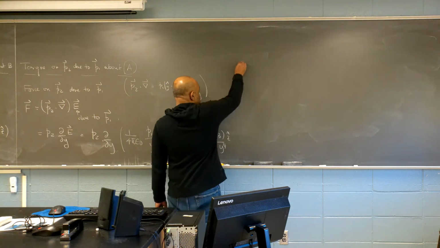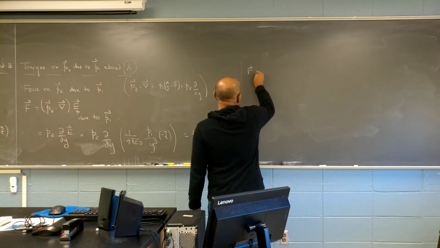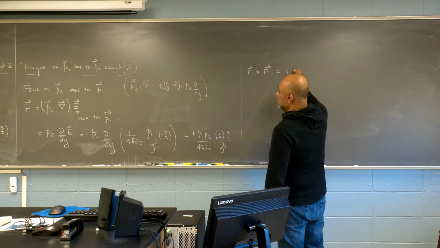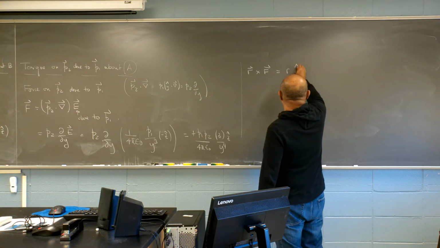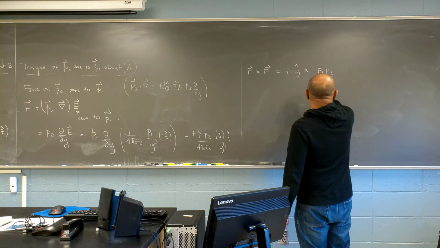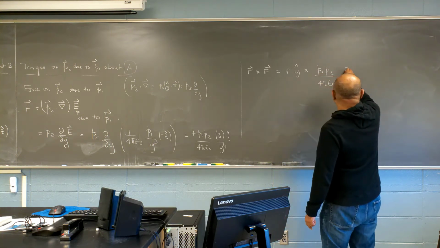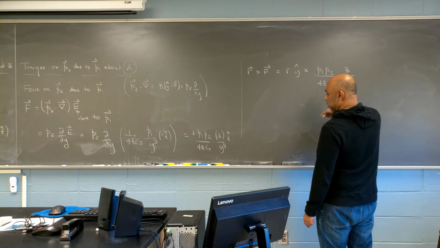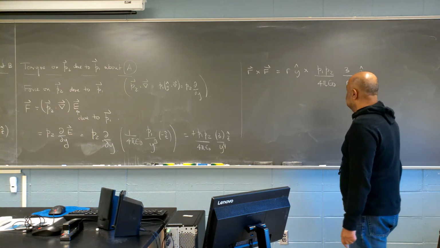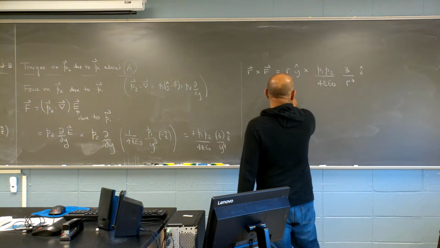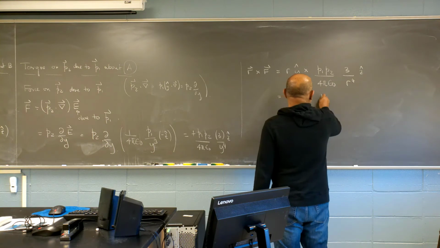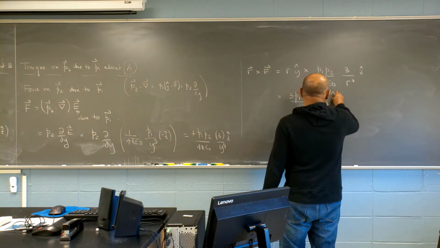Therefore, R cross F, again, R times, in this case, it is y hat cross P1 P2 over 4 pi epsilon naught, 3 times, now watch this, again, R to the 4th, Z hat. And that is 3 P1 P2 over 4 pi epsilon naught, 1 over R cubed, X hat.